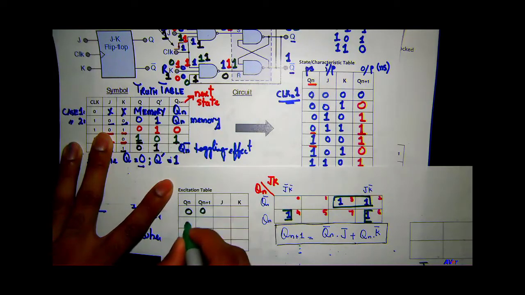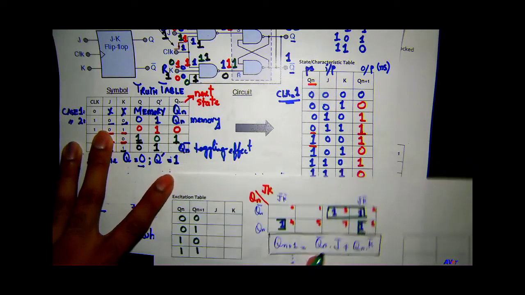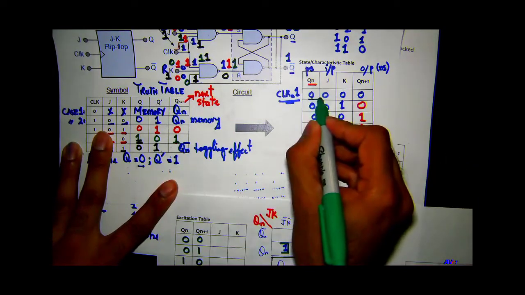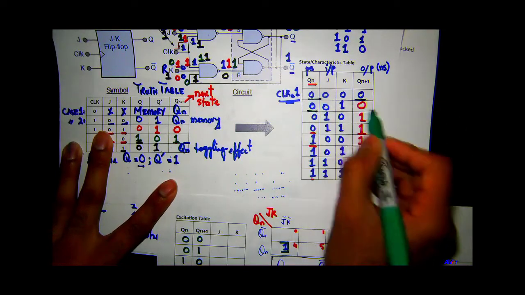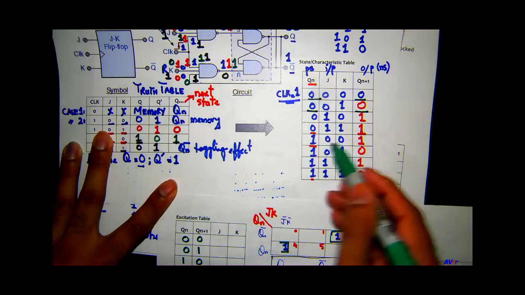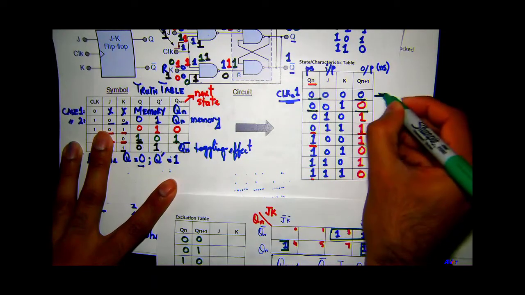So 4 possible combinations: 0 0, 0 1, 1 0, 1 1. When Qn is 0, Qn plus 1 is 0. Is there any other instance right here where Qn and Qn plus 1 are 0? No. So we got 2 of these.